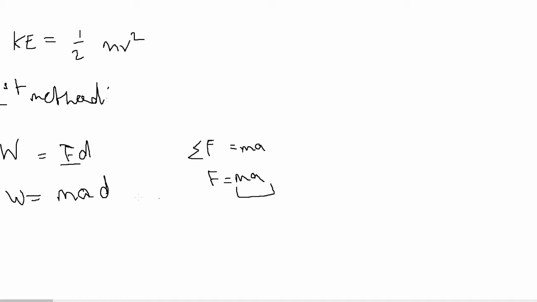So now if you look at this ad term, it has a linkage back to kinematics, right? The equations that describe motion of a macroscopic object. So 2ad is equivalent to your final velocity squared minus the initial velocity squared.